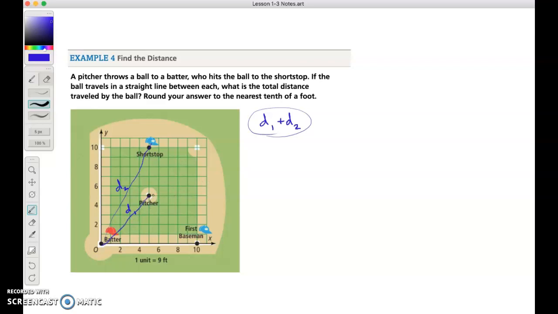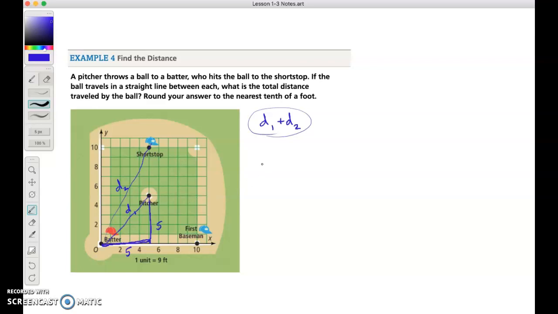So distance 1 is this distance, and so we need to look at what is this length right here and this length right here. This length looks like it's 1, 2, 3, 4, 5 blocks, but each block is worth 1, so that's going to be 5 units, and up 5 units.